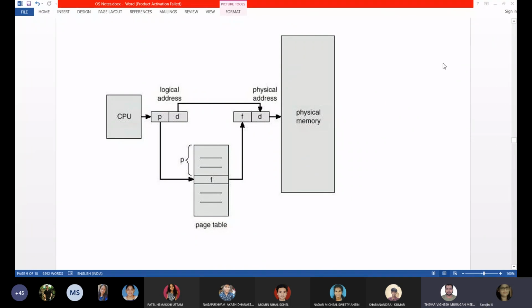One is paging, another one is called segmentation. Paging I already started, but I repeat. Paging and segmentation are virtual memory management concepts.